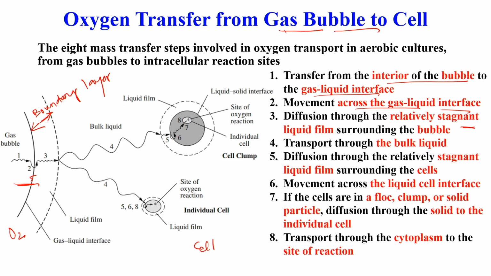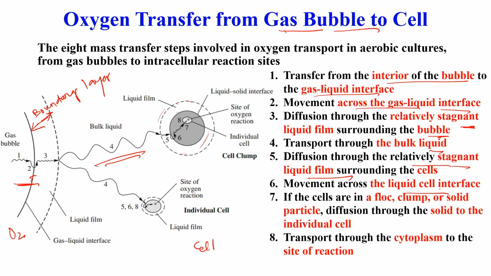Then it has to diffuse through the stagnant liquid film surrounding the bubble. Now from gas it has come to liquid, so it has to be transported through the bulk liquid. Then fifth, at the cell there is again a boundary layer or liquid film, so it has to diffuse through the stagnant liquid film.